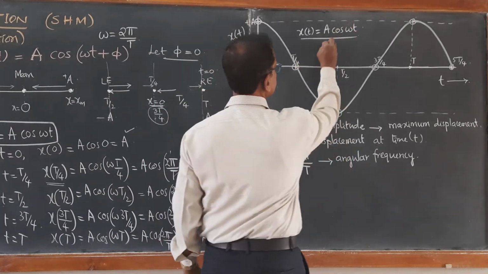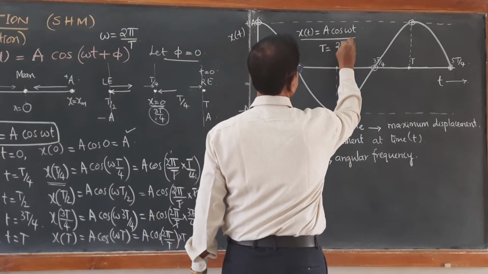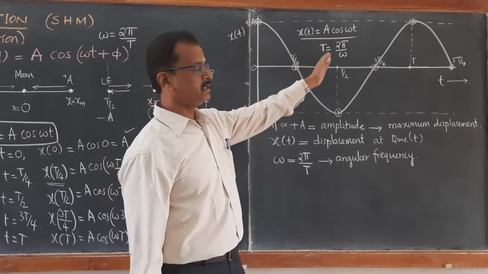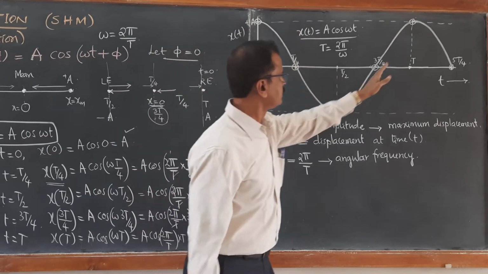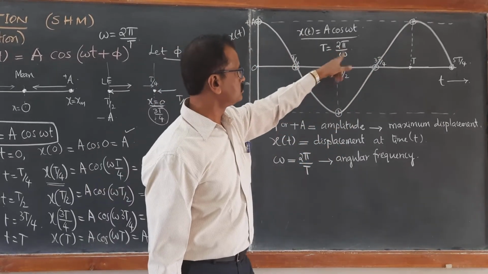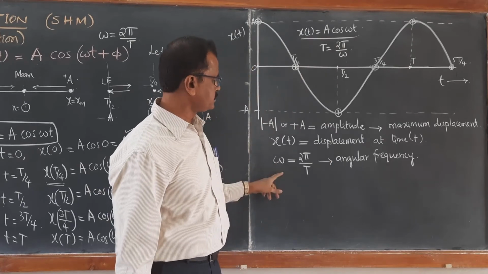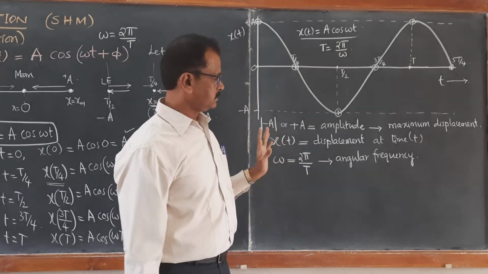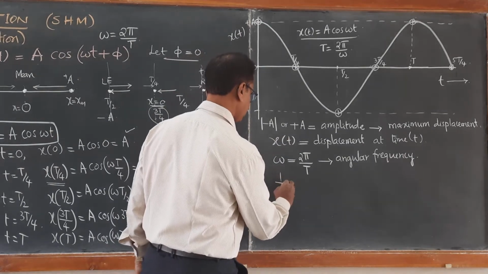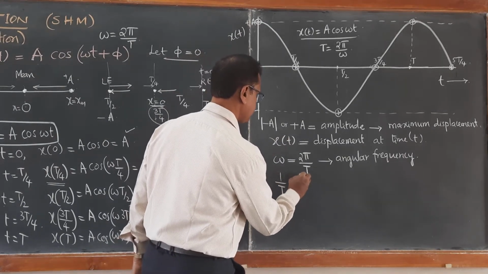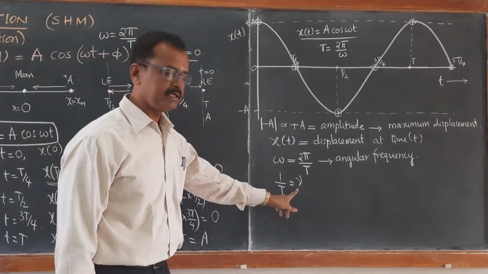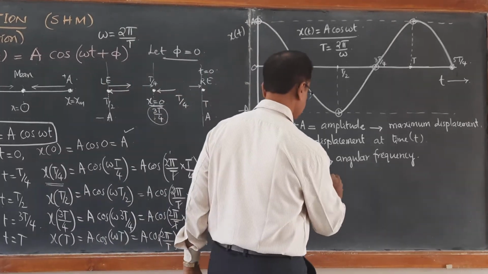Time period is equal to 2π/ω. In the previous analysis, we found that the time taken to complete one oscillation or one cycle is capital T, which is equal to 2π/ω. Therefore, ω is equal to 2π/T. And we also know that 1/T gives us frequency, which is denoted by ν. So this is frequency.